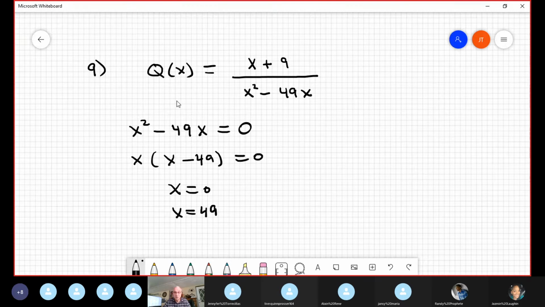Okay, the domain is all real numbers except this bad guy, not 0. And so you can separate by a comma. By the way, it's equivalent to say "and"; the comma is saying "and not 49", perfectly understandable. Okay, which one is it?